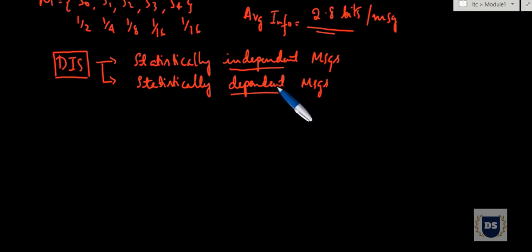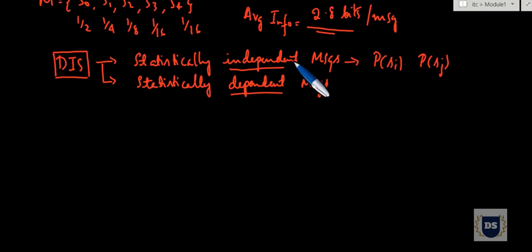Now let's see what are statistically independent kind of messages. Statistically independent messages are those in which the probability of occurrence of a symbol during a particular symbol interval doesn't depend upon the probability of emission of any other symbol. So here, if the probability of occurrence of a symbol, let's say Si, does not depend upon the probability of occurrence of any other symbol, let's say Sj, then we can call such a discrete information source statistically independent.